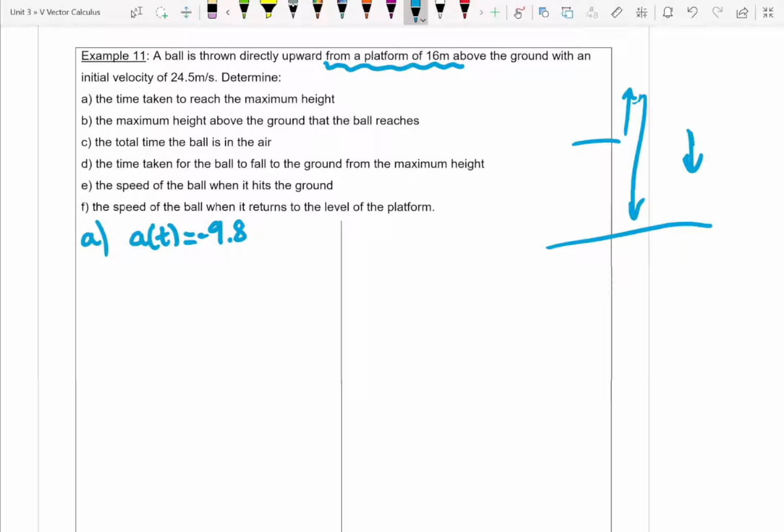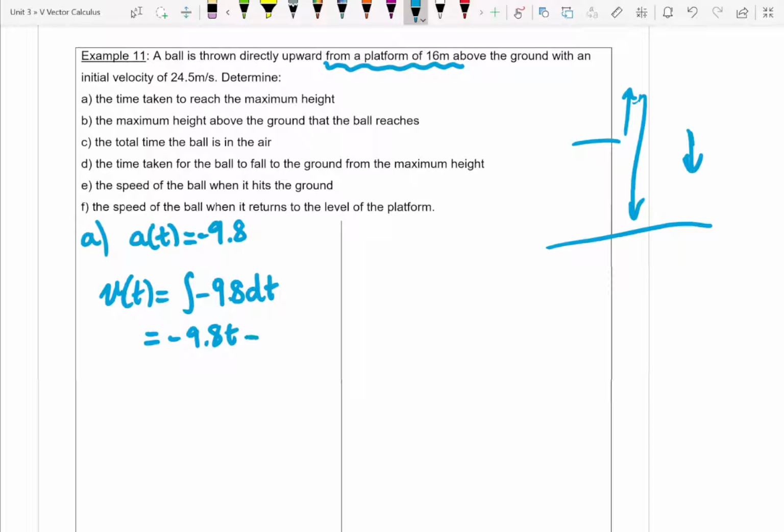So how do we find our velocity? Well, we just integrate that. So integrating negative 9.8 with respect to t, we're going to get negative 4.9. Oh, no, sorry, I'm skipping ahead to the position vector. We want negative 9.8t.